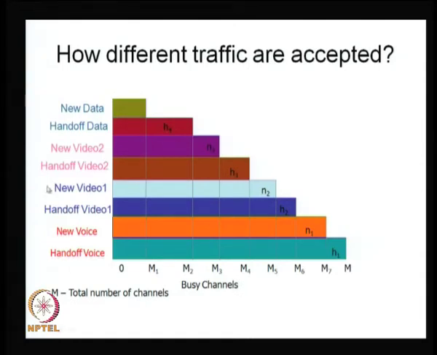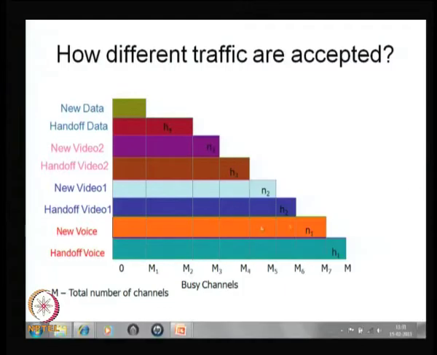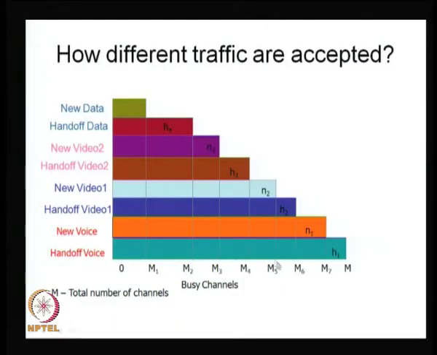And since we have made the reservation for the calls with the HIs and NIs, accordingly the total number of channels are divided into many parts, and the calls will be allotted according to this priority. That means from 0 to M7 the handoff voice will be allotted from 0 to M, whereas the new voice will be allotted till the number of busy channels going from 0 to M7, because H1 is a reservation for the handoff voice call.